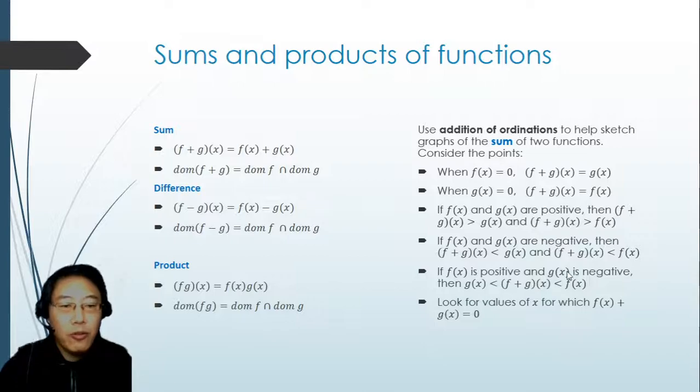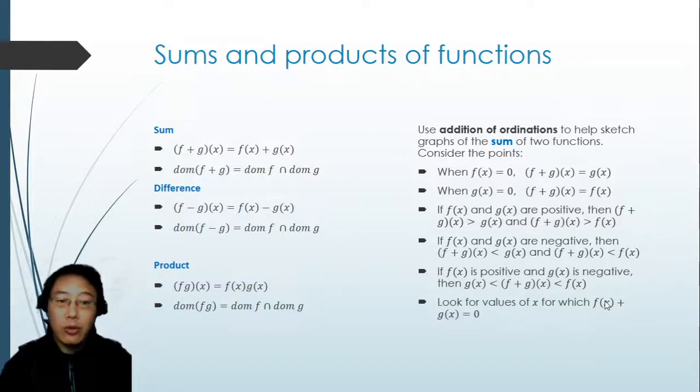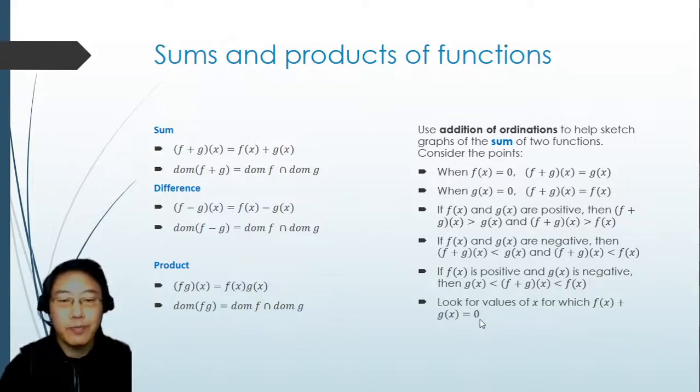If they change sign, so one is positive and one is negative, the sum of the two is going to be between f, which is the positive, and g, which is the negative. Also look for when the functions cancel out. If you add those two, that will give you an x-intercept.